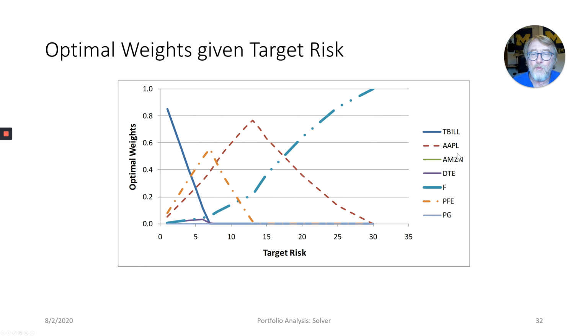But what goes up? Well, you're putting more money into Pfizer, up to about 7%. You put more money into Apple, up to around 12, 13%. And of course, our most risky thing here was Ford. And as you become more and more risk-taking, you're putting more and more money into Ford, which was our biggest return for this time period.